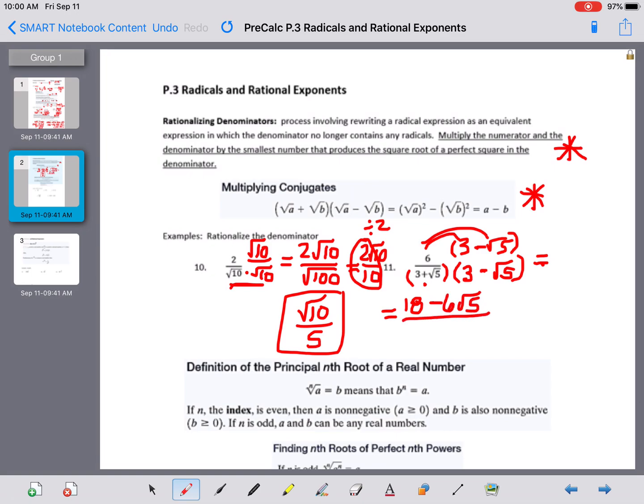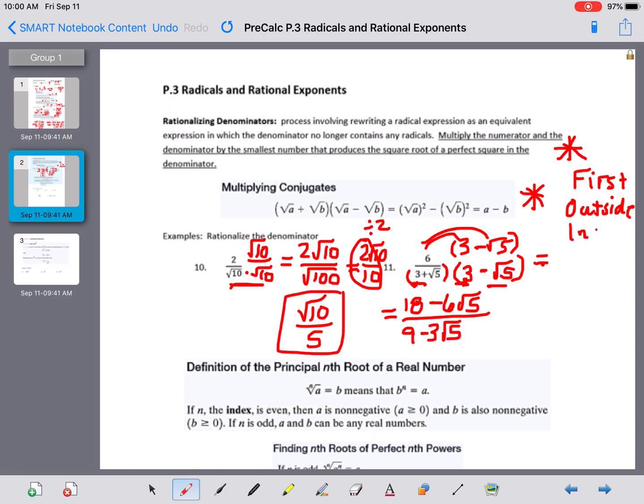All right, in the denominator, remember I just warned you, we're multiplying a binomial times a binomial. Because of that, we need to FOIL, okay? So remember FOIL, the first. That means the first in each one. 3 times 3 is 9. Outside. Those are my outside terms. My outside 3 and my outside negative square root of 5 gives me a negative 3 square root of 5.